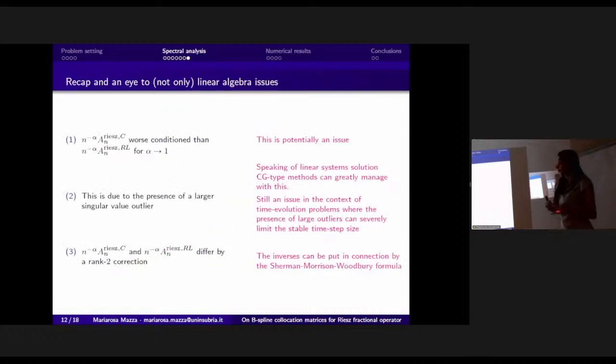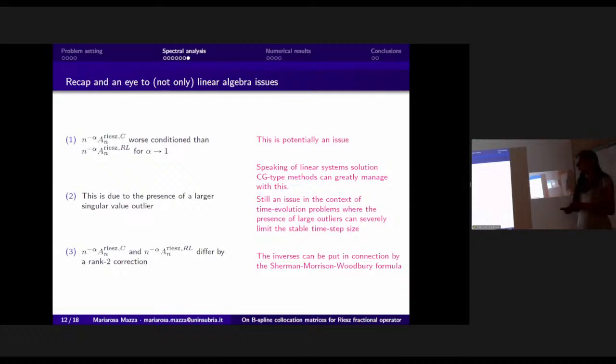Okay, so in principle, this worse conditioning of the Caputo matrices with respect to the Riemann-Liouville ones could be an issue. But actually, if we're talking about the solution of the linear systems associated to these matrices, this is not really an issue, just because conjugate gradient type methods will be able to manage this kind of ill-conditioning.